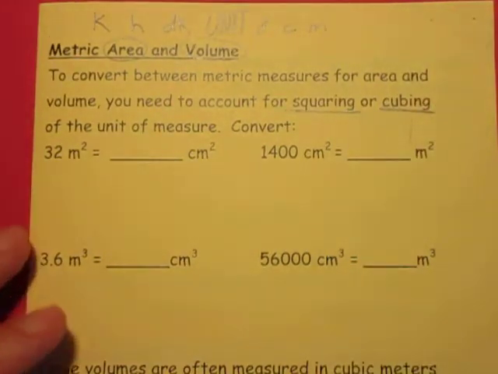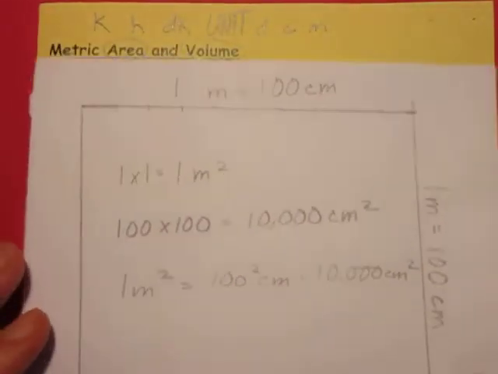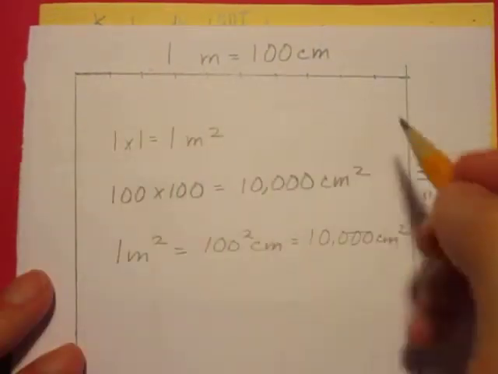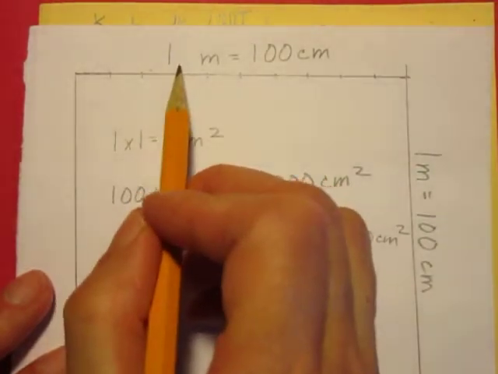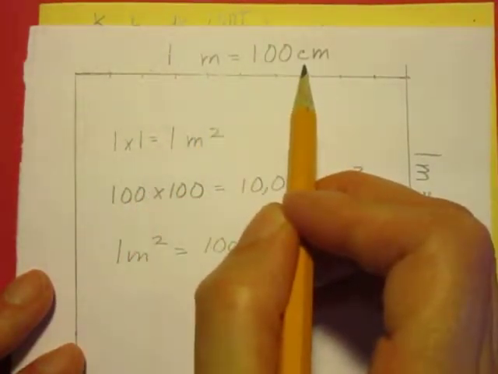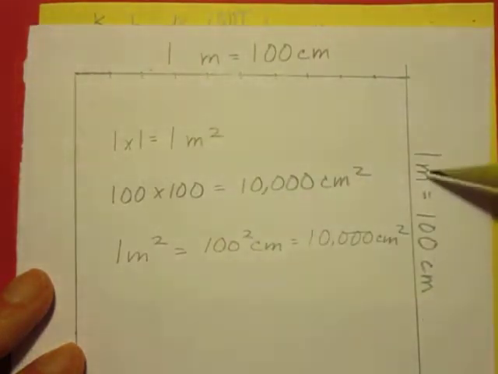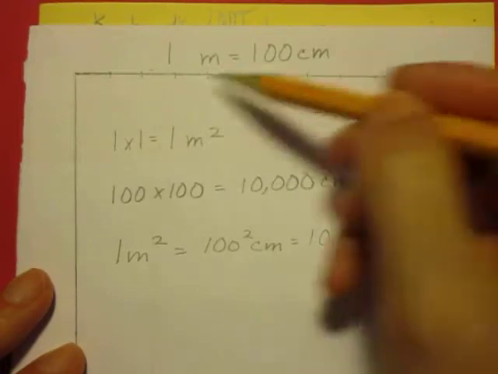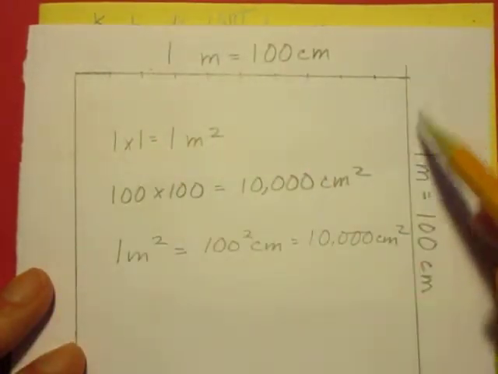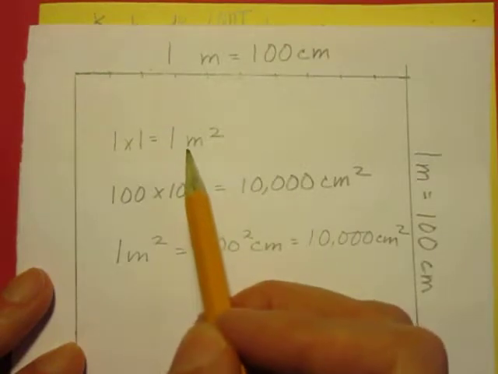What I want to do is draw a picture here so you can see what's happening. I've shrunk the picture, but this is meant to be 1 meter, which we all know is equal to 100 centimeters, by 1 meter, again equal to 100 centimeters. If I was trying to find the area of a square meter, 1 meter times 1 meter, in other words length times width, would give us 1 meter squared.